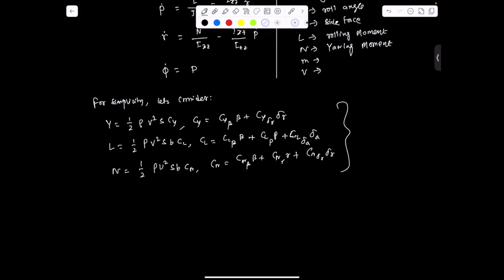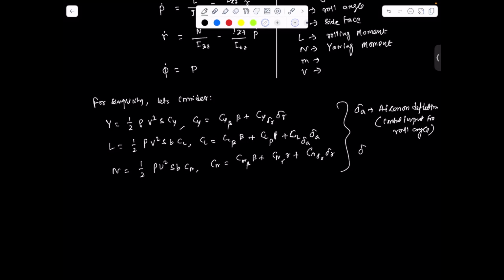Okay, so these are basically the total forces and moments acting on the system. Here delta A is the aileron deflection, due to which the moment can be generated, and this is basically the control input for roll angle.